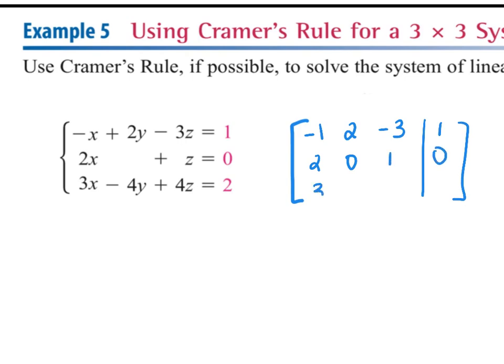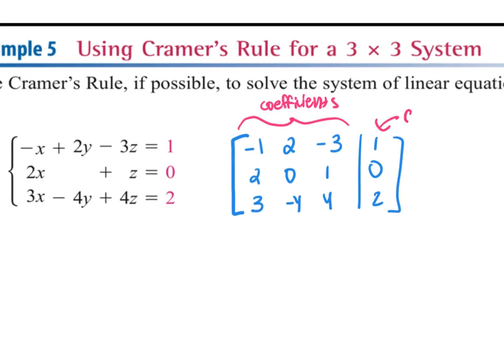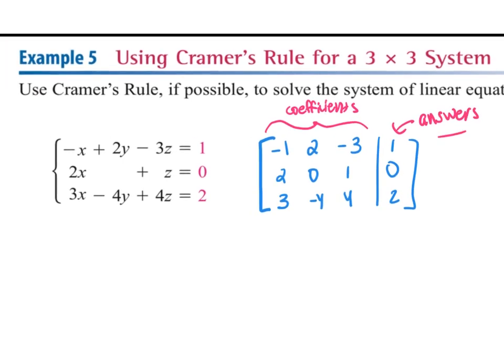What's my third row? 3, negative 4, 4, 2. Perfect. Okay, so these are my what? These are my coefficients. And these are my answers. Very good. We good? We okay with that?